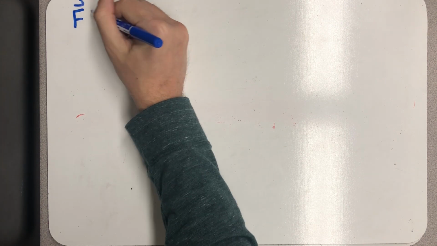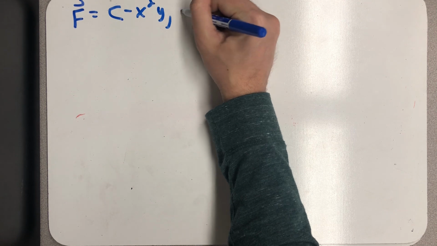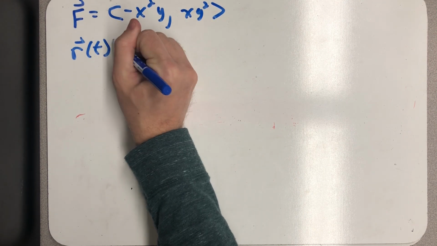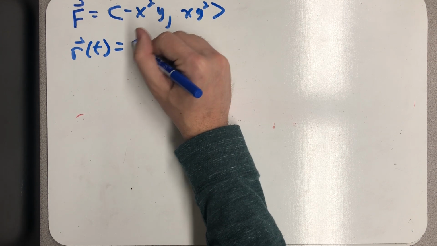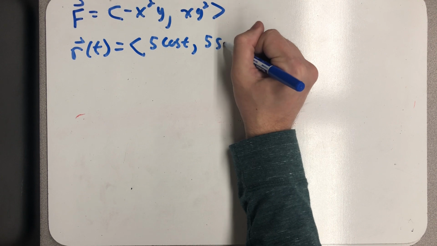All right, so we'll start by doing this computation directly. My vector field is minus x squared y, x y squared, and my path is the circle of radius 5 centered at the origin.